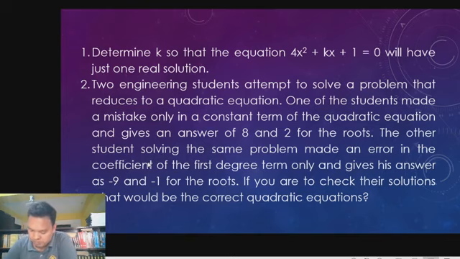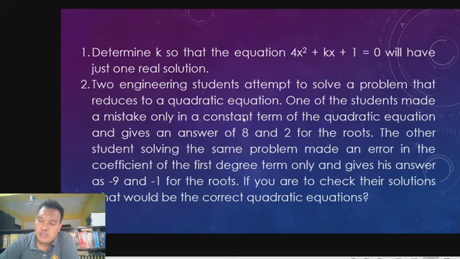Okay, so let's double check. So we have for student 1, isulat ko muna yung mga given. Si student 1, the student made mistakes only in a constant. So, ibig sabihin, ang mali niya is yung C dun sa student 1. So, C is wrong.